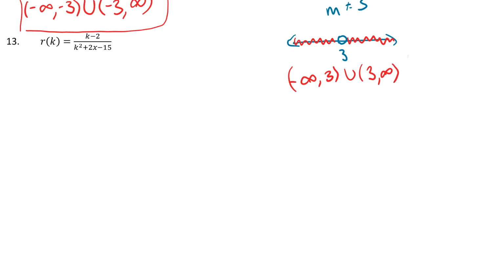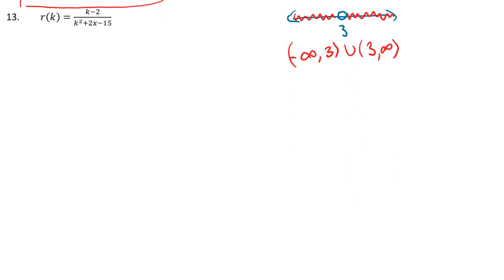All right, number 13. So again, we start off by just looking at the denominator. So we have k squared plus 2k minus 15, that can't equal 0. Alright, so what do we do for this one? Well, this one's quadratic, and if this one's quadratic, that means we're going to try to solve this by factoring.